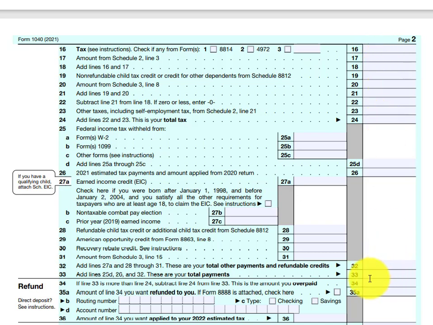And then you tell the government to either take it out of your check, you'll send them a check, or to send a refund. And then you sign it saying, hey, I'm not making this up.